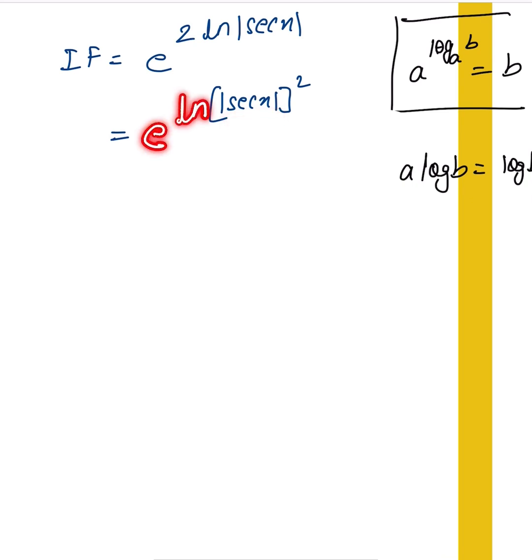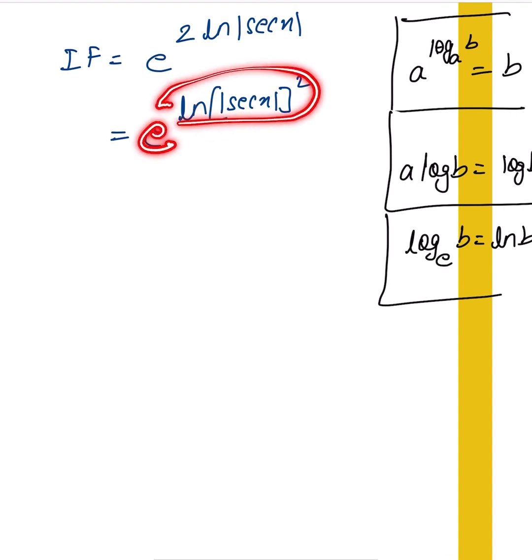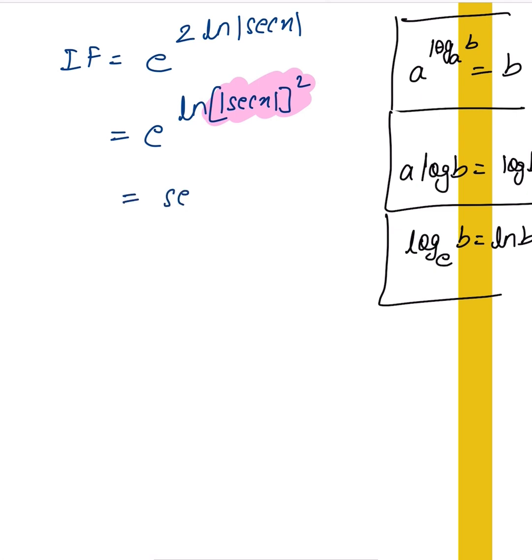As I said, ln is nothing but log of e. Log base e of B can also be written as ln B. So whenever you see ln, it's nothing but log base e. So if you see the base is e, e is in the base, log is in the power, and then e is again. So we can straight away take out sec square x. So our integrating factor is sec square x.